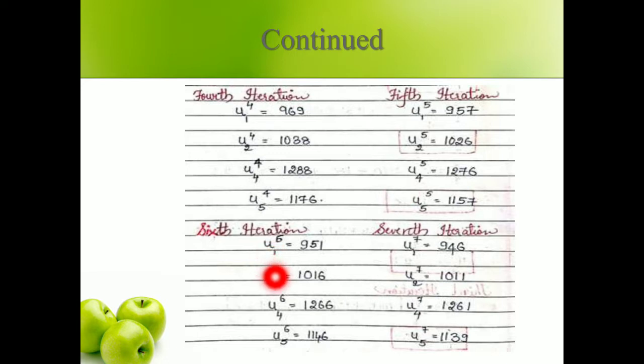To find the seventh iteration you will be using u1, u2, u3, u4, u5 of the sixth iteration. And once you are getting similar or nearby values, you can stop the iteration there itself.